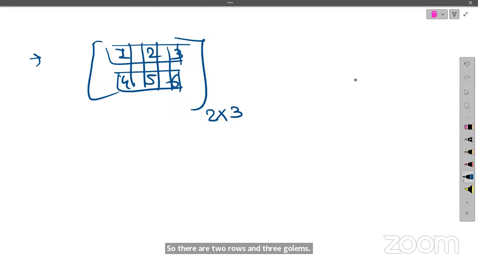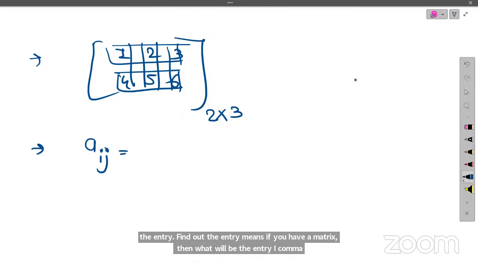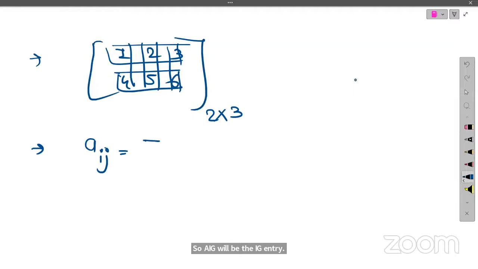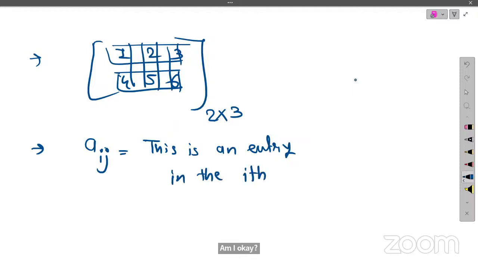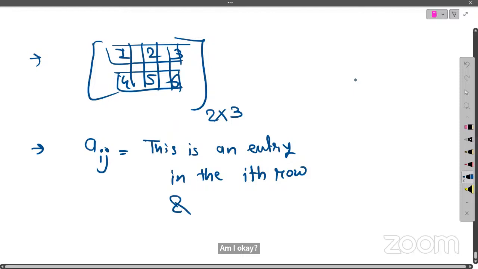Now in every matrix, we have a precise way to find out an entry. If you have a matrix, what will be the entry i, j? A_ij will be the ijth entry, that means the entry in the ith row and jth column of the matrix.